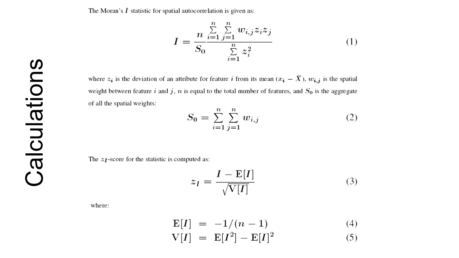As you can see in this formula, zi is the deviation of an attribute for feature i from its mean, and wij is the spatial weight between feature i and j. n is equal to the total number of features, and S0 is the aggregate of all the spatial weights.